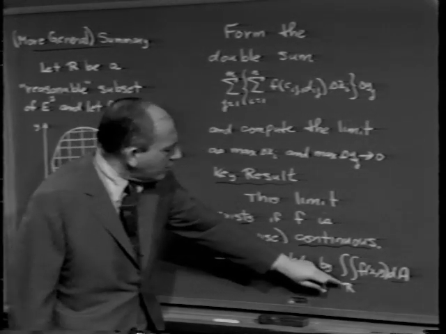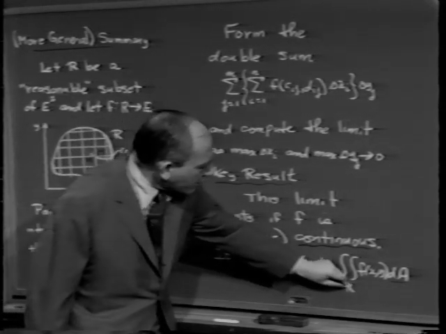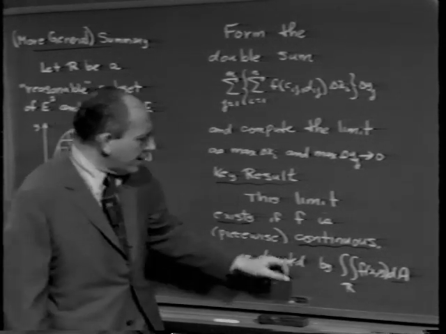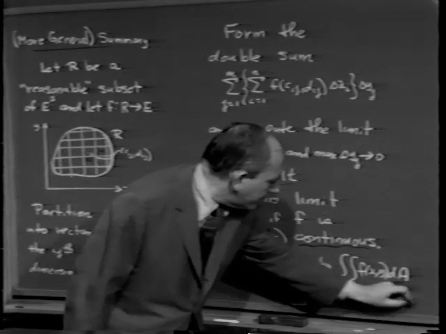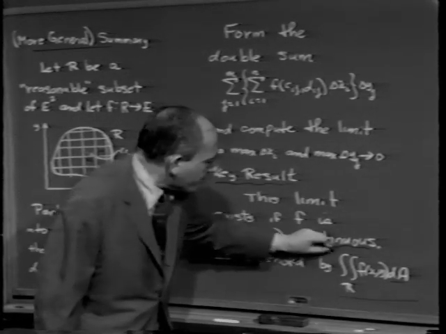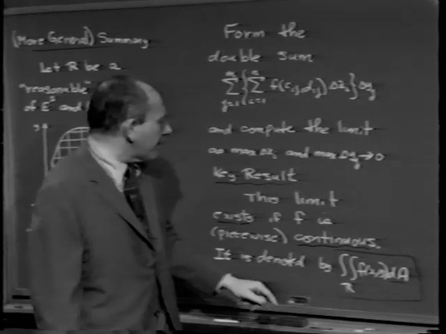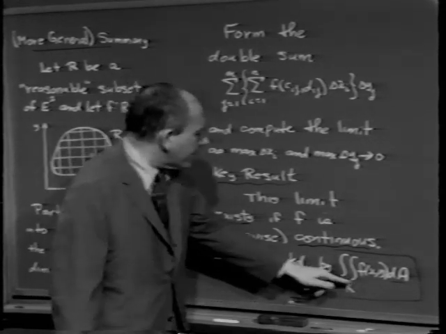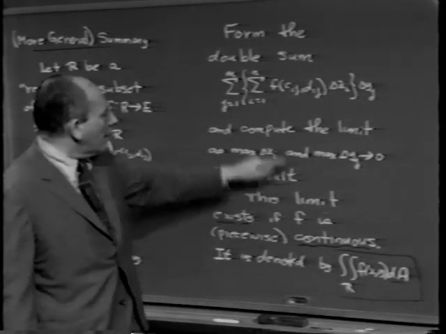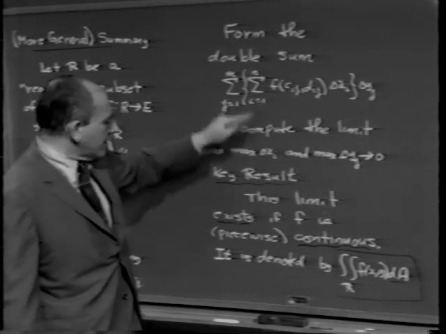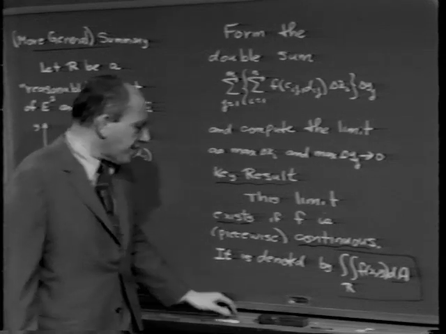And what we now do is indicate what the region R is over here. In other words, in terms of a summary, whenever I write down this expression, it's an abbreviation for a limit of a double sum. And what limit of a double sum is it? It's the particular limit of this double sum if it exists, and that limit will exist if f is piecewise continuous.